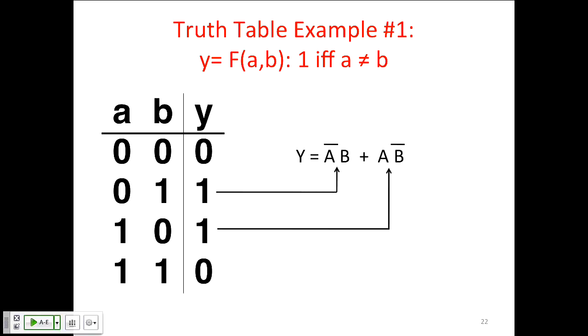So if A is 1 and not B is 1, this whole expression is a 1. So if either this is true or this is true, the plus means or, right? So product is like an AND, the plus sign is like an OR, and that's how you write out the logic function symbolically, right? And it turns out this is another standard gate we call an exclusive OR gate.